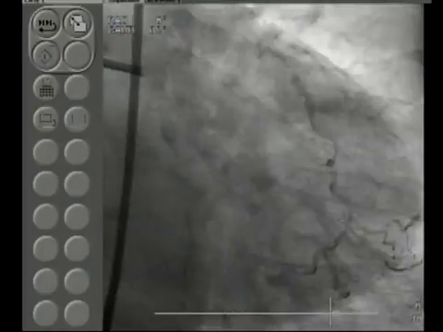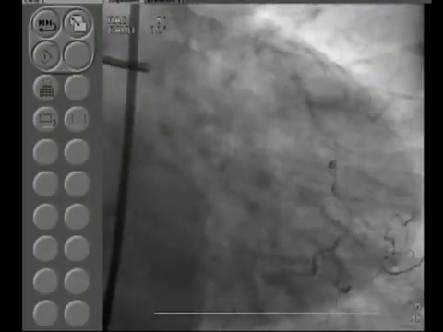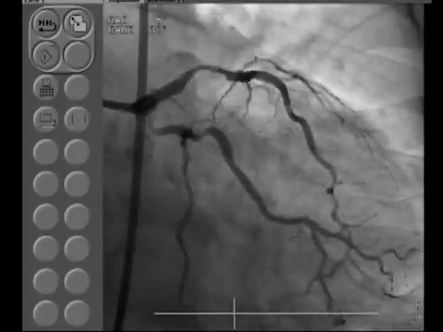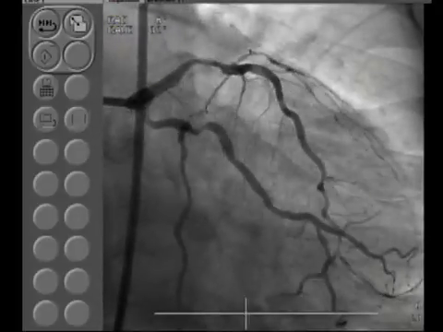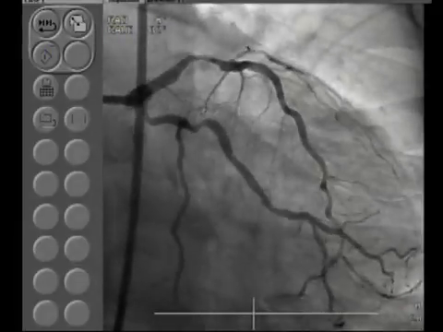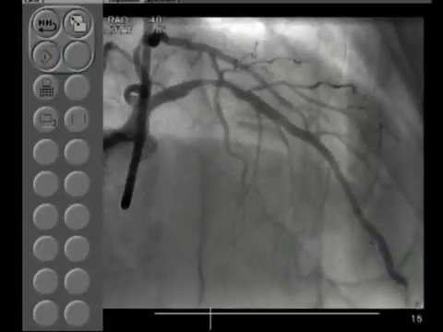So if you see here, left main is non-obstructive, but the majority of the disease is in the proximal LAD, an eccentric lesion with calcium. The mid LAD is okay, and there's some moderate diffuse disease in the distal to apical LAD. There's again moderate disease in the proximal circumflex and distal circumflex.